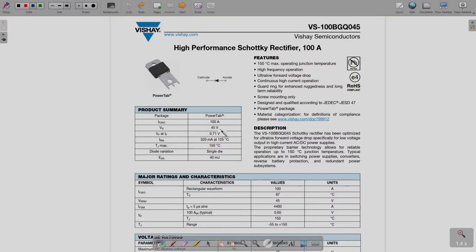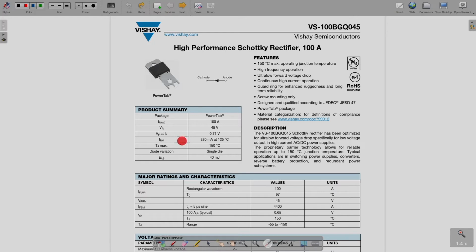So, the current rating is much higher, about 100 amperes, but the voltage rating is lower, 45 volt. Another key thing is the forward voltage drop, which is 0.71 volt, much less than the 1.26 volt we saw for the rectifier bridge.